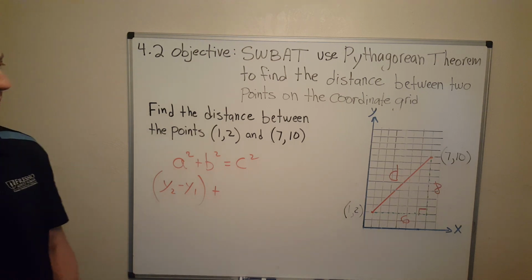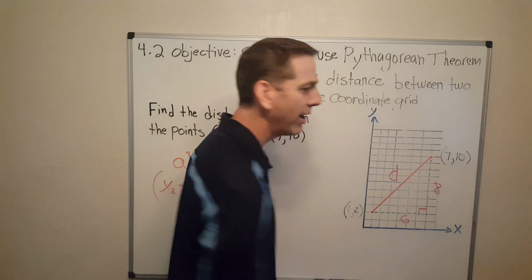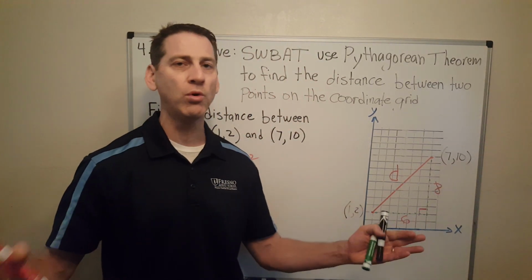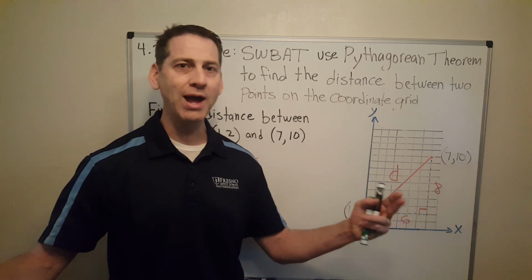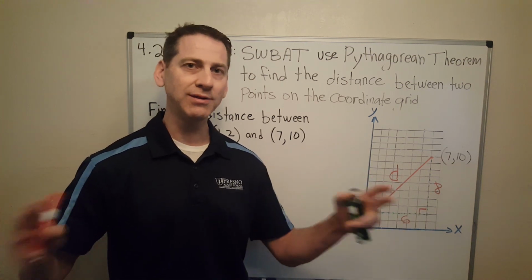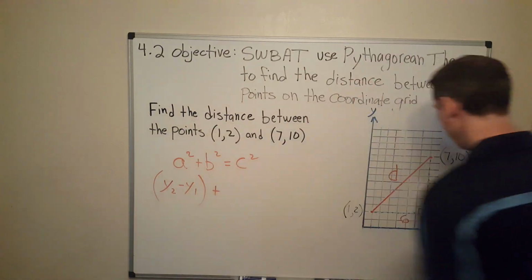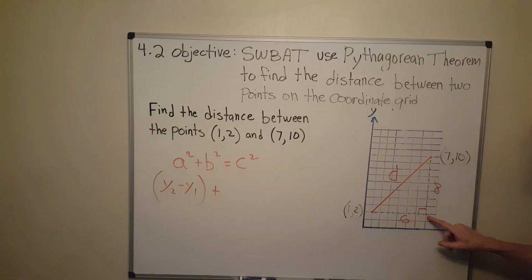What's b? b is my base length. How do I find the distance between 2 points? I just subtract the 2 coordinates of each point.